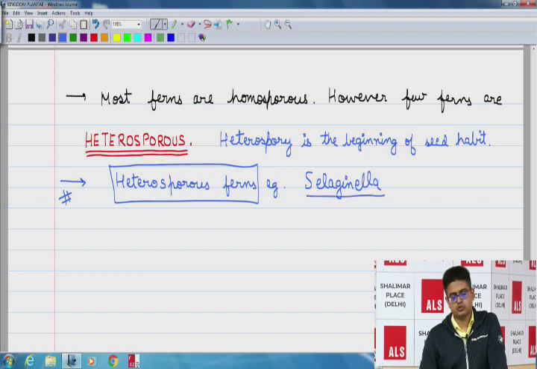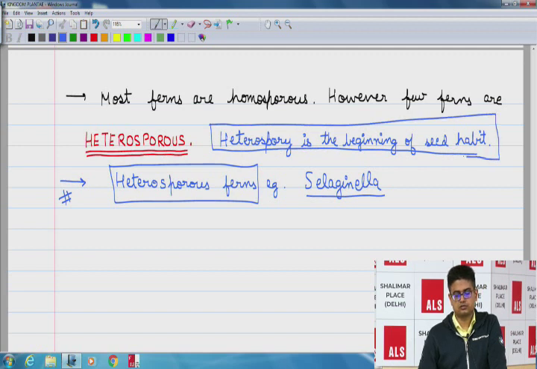Selaginella is a heterosporous fern, heterosporous pteridophyte. This statement also, please learn it by heart. Heterospory is the beginning of seed habit, and heterospory is first seen in pteridophyte. Selaginella and Marsilia.